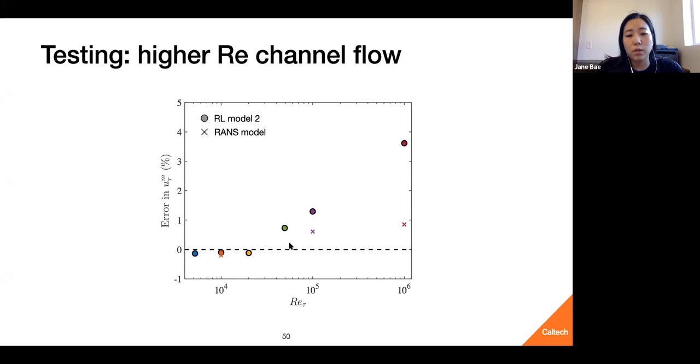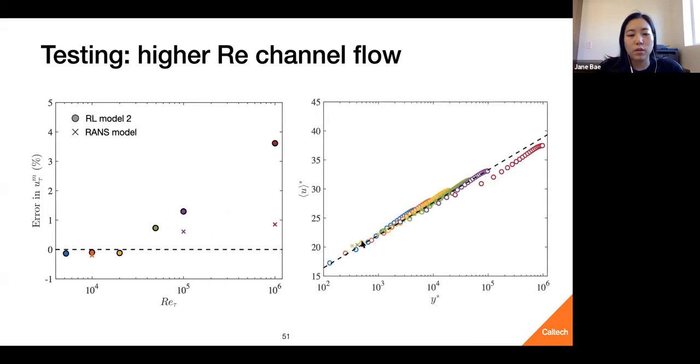So here the RANS-based models have a very low error, even at very large Reynolds numbers. But again, you have to take into account that these RANS models have built in these kappa and B constants. So they are the best case scenario. So you can't really beat these models. But the fact that these reinforcement learning models that had no knowledge of these coefficients were able to do so well is actually quite impressive.